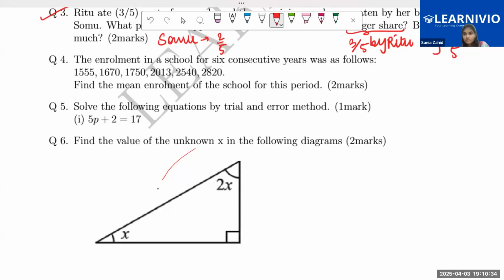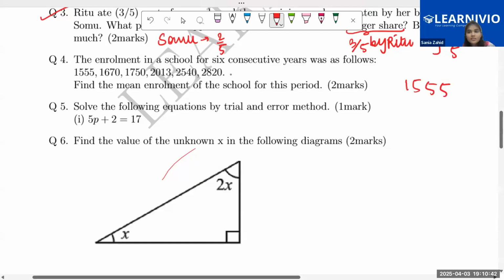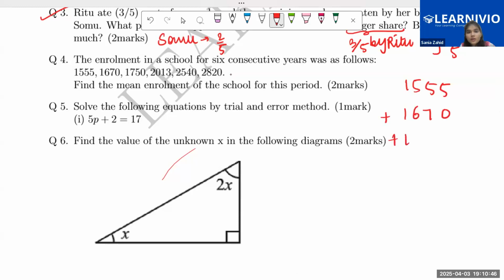Ma'am, is it 2058? Let's check. So you have 1555 plus 1670 plus 1750 plus 2013 plus 2540 plus 2820.